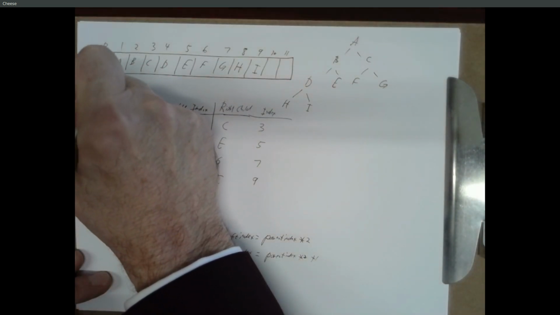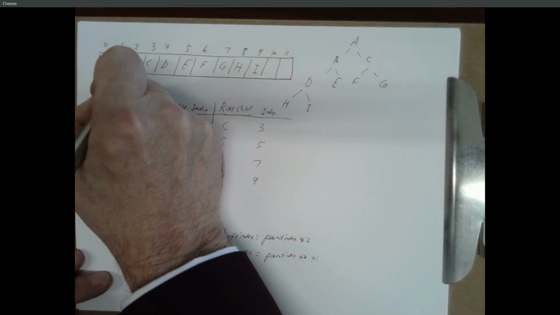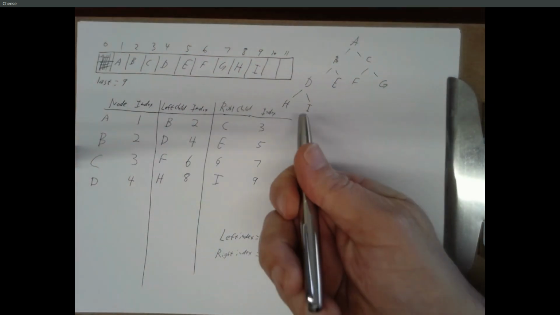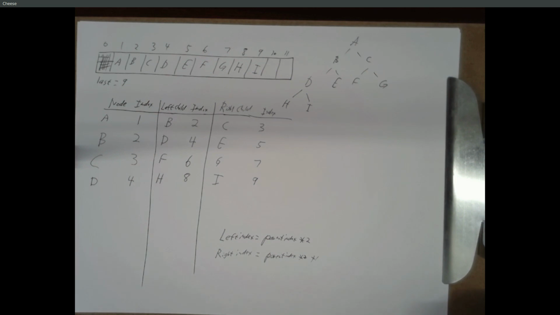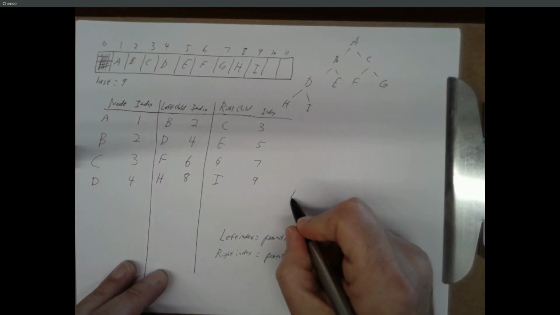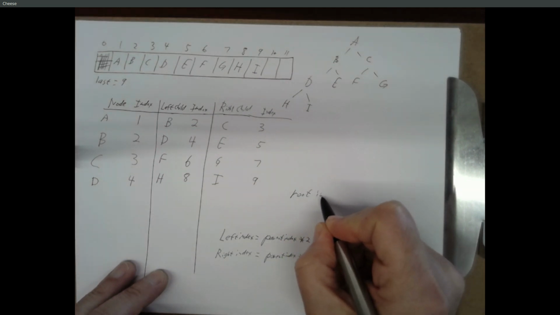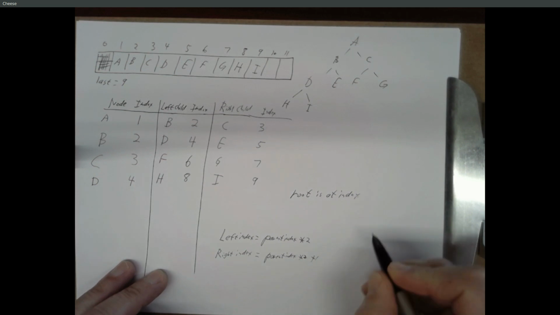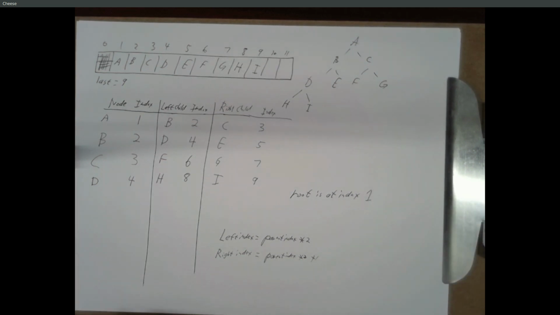Now I can keep an integer variable called last, and I can set that equal to the index of the last thing in this heap. Okay, so if I want to find the root of my heap, what's the index of the root? Always at the index 1.